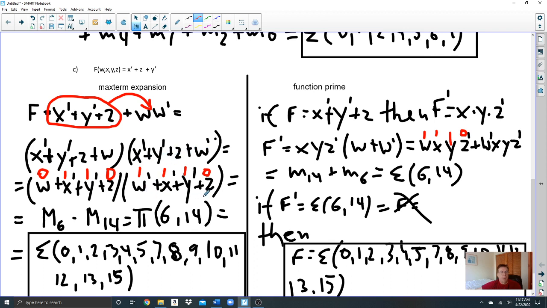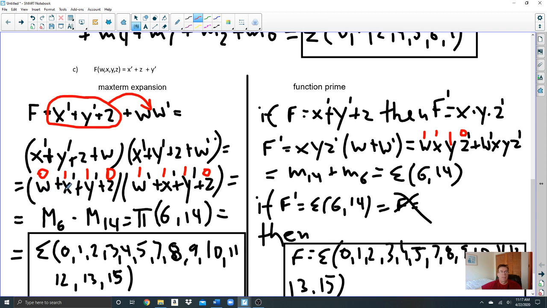Now, how do you recognize what maxterm is this? Is to apply the binary method. Except when you have a variable that is not prime, you put 0 over it. When you have a variable that is prime, like x, now here, you put 1 over it.